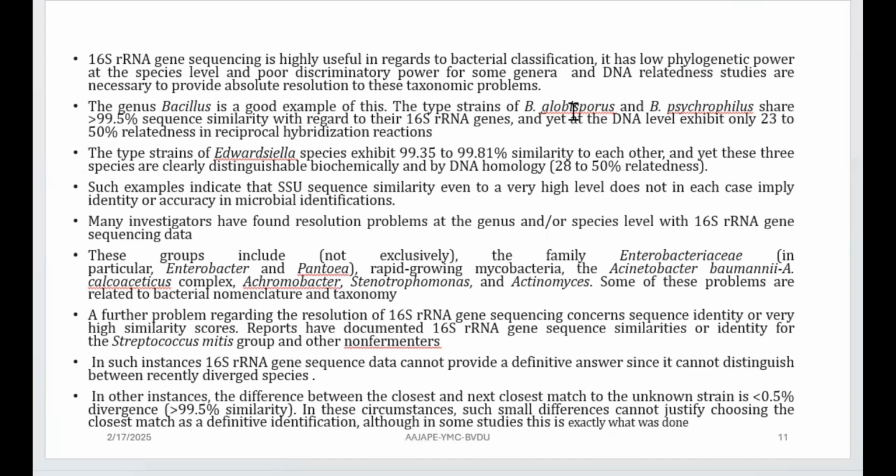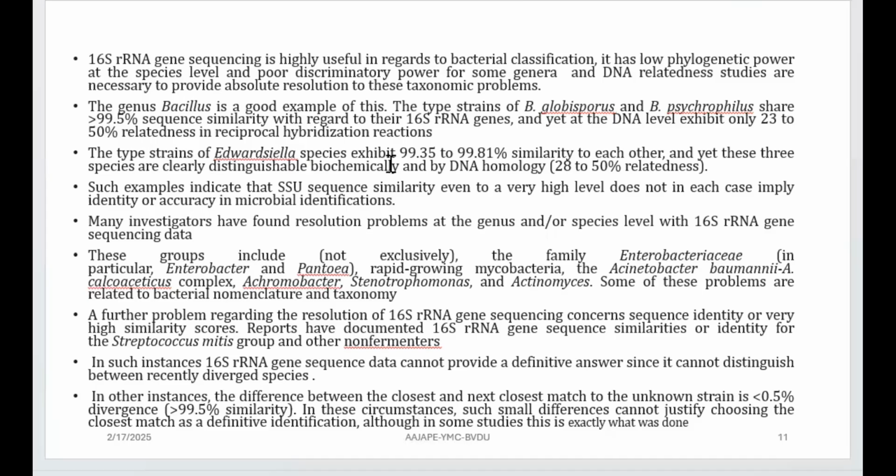Are they Bacillus species only? That is the question, right? So what we expect, okay, Bacillus, and this is also Bacillus, so a good number, that is 99.5% similarity when it comes to 16S rRNA. But at the same time, the same organisms, when analyzed for their DNA level similarity, show very little, 23 to 50% only.